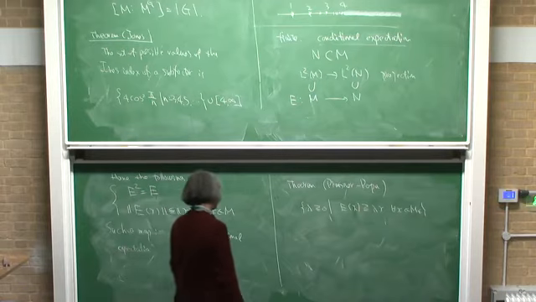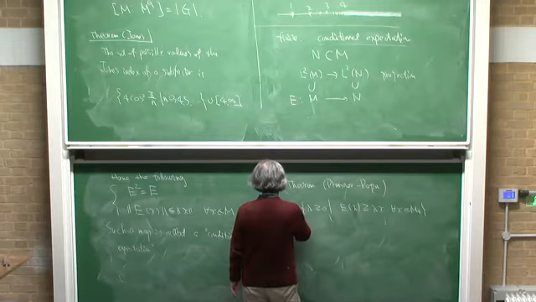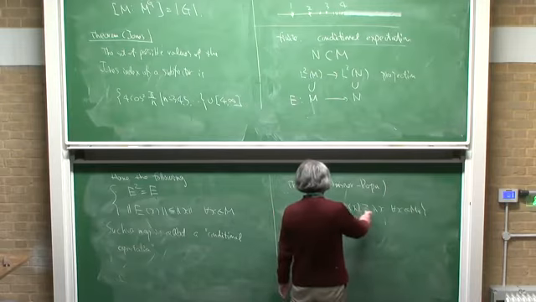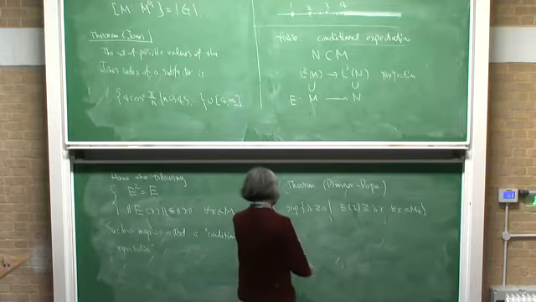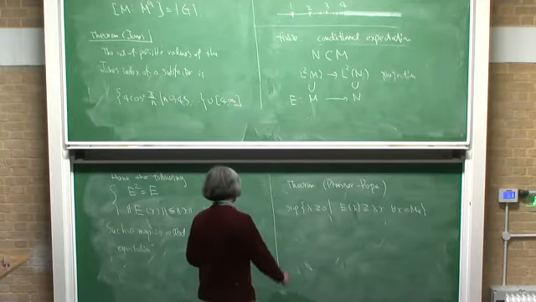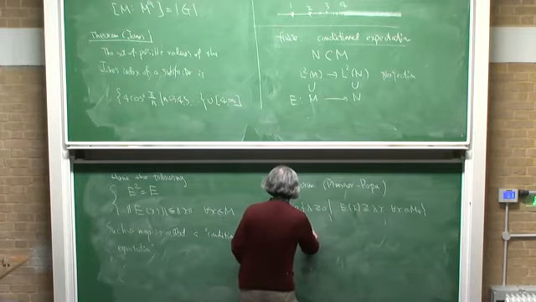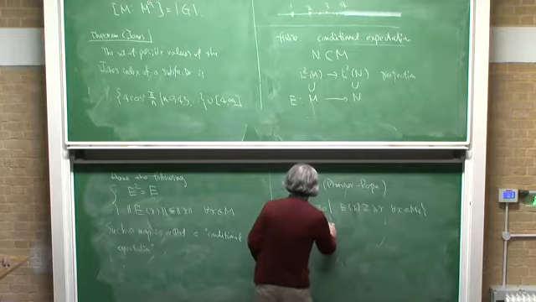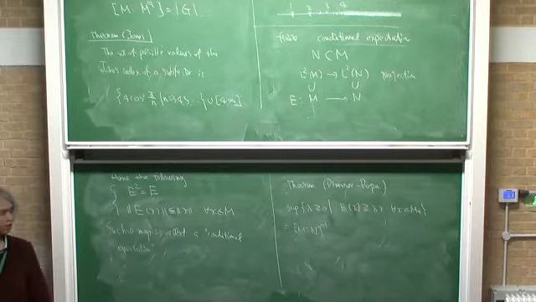Then there is the supremum of such possible values of lambda, and this is equal to the inverse of the Jones index value.